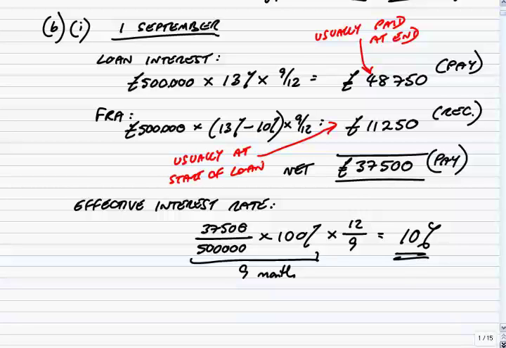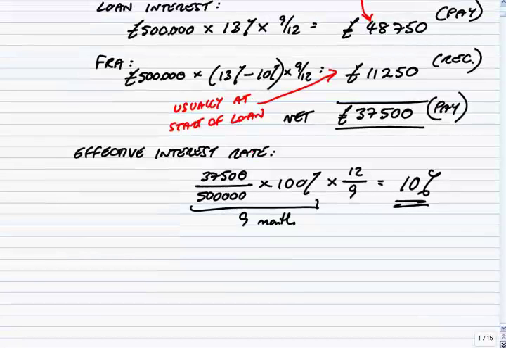Because, of course, given it's fixed interest borrowing, on the day the loan starts, we know for certain then what the actual interest rate is, 13%. We obviously know the rate we've agreed, 10%. And so it's usually at the start. And, of course, that timing difference does actually affect things. It's actually, in this case, to our benefit. For the exam, that would certainly be irrelevant, apart, if you got the chance, apart from mentioning it.